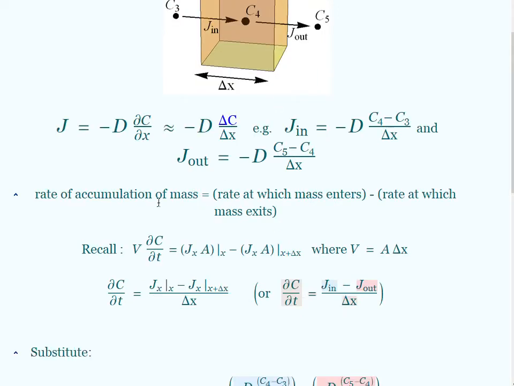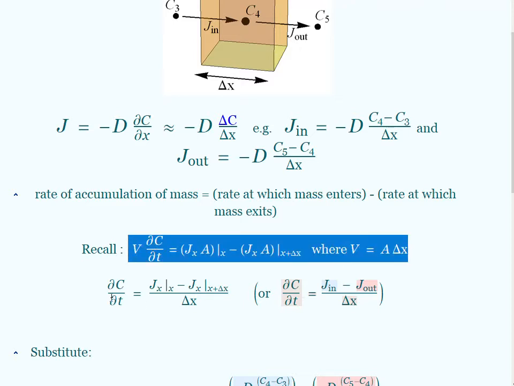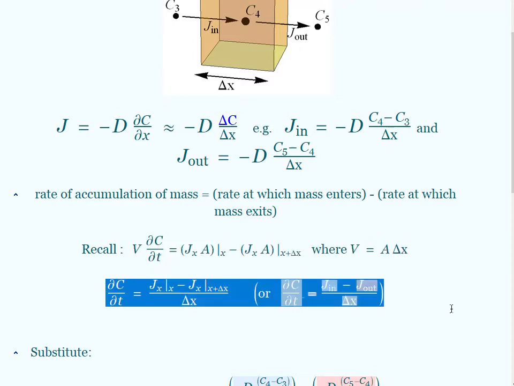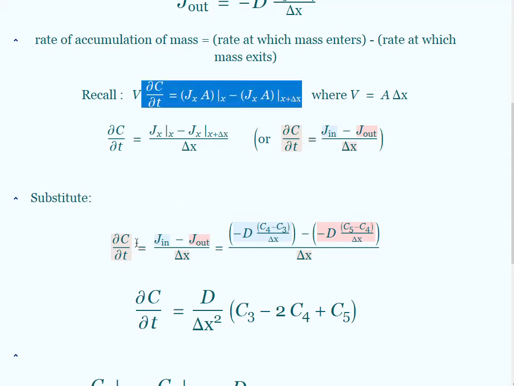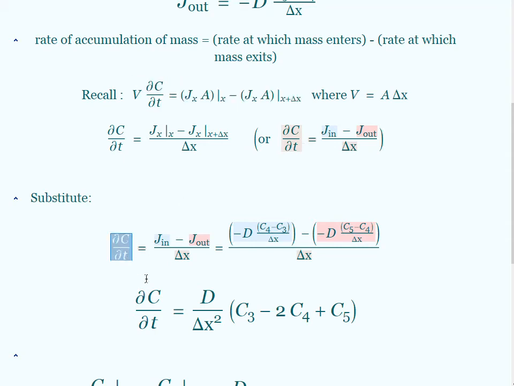So the rate of accumulation of mass, just like before, is the rate at which the mass enters minus the rate at which the mass exits. Okay, this is exactly what we had before. Okay. Now we're going to go ahead directly from this equation here. So we have dC/dt is J in minus J out over delta x.